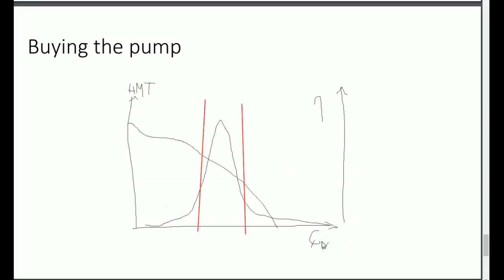Usually it's represented on the QV axis because here you can directly read the percentage of energy that is furnished to the fluid. And you can see that this pump works pretty fine between those two red lines, meaning that even if it doesn't exactly fit the correct HMT QV couple, you can find some intermediate results, and you can still buy the pump even though it does not perfectly match your system.